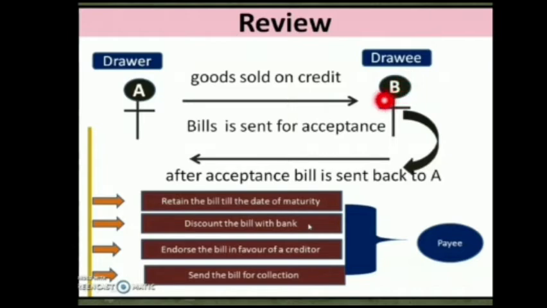B, who is also known as the drawee, accepts the bill and sends it back to the drawer.